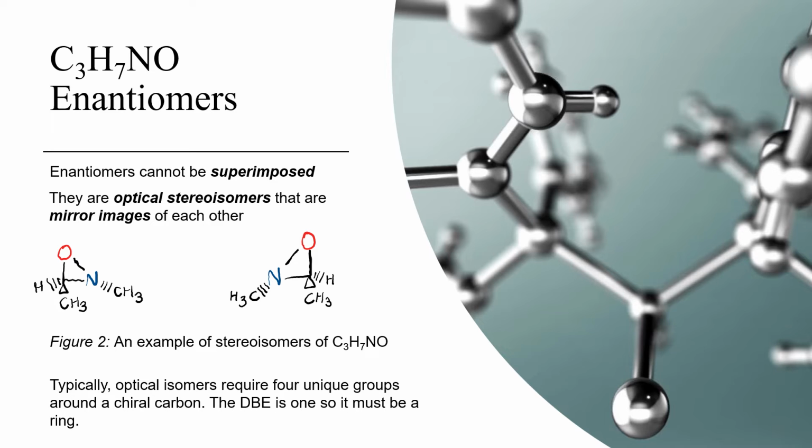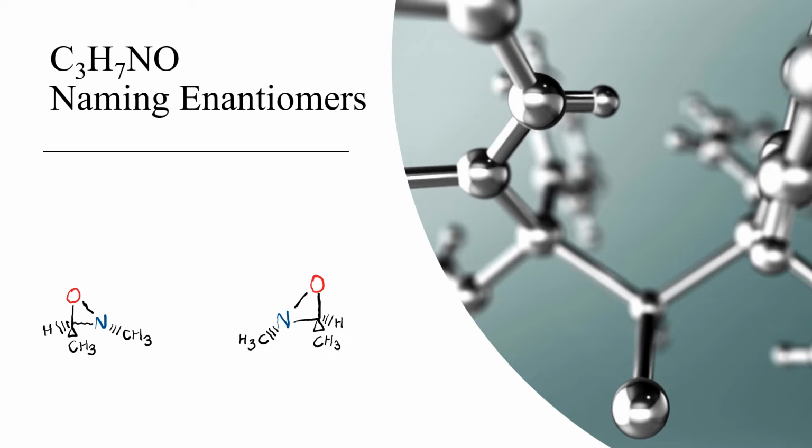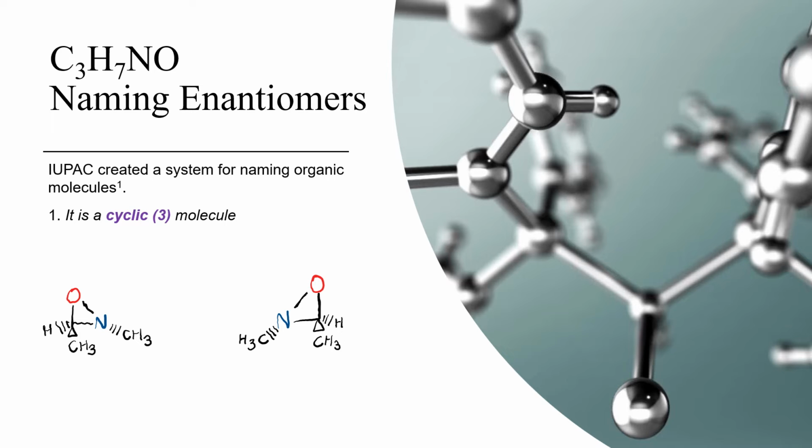Now, how would we name this molecule? To name this molecule, we can follow the IUPAC's helpful guide on systematic naming. First, again, we should list what we can see about the molecule. We know that the molecule has a cyclic structure containing 3 atoms.